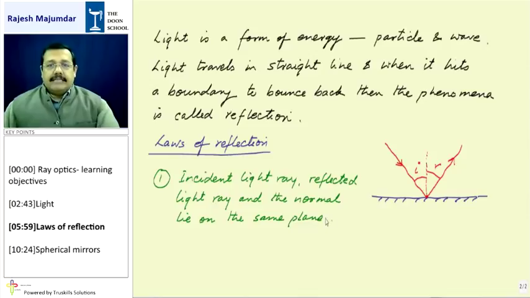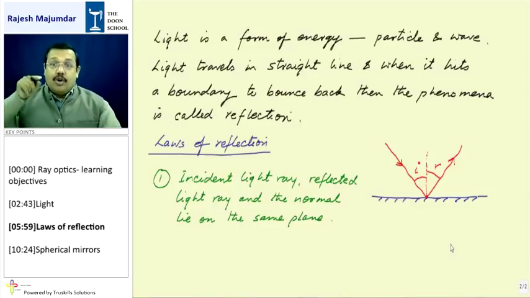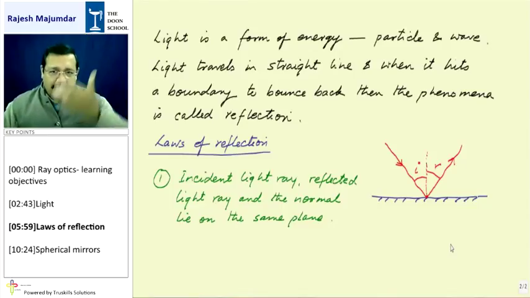Here in this case, the plane is the plane of the paper. It is not that the dotted line, which is the normal, and the incident light ray, which is incoming, will lie on the plane and the reflected ray will come out of the paper or go inside the paper. No, it is not that. It will always lie on the sheet of the paper or on the screen where I am drawing the diagram. So all three have to lie in the same plane. So that is the first law.